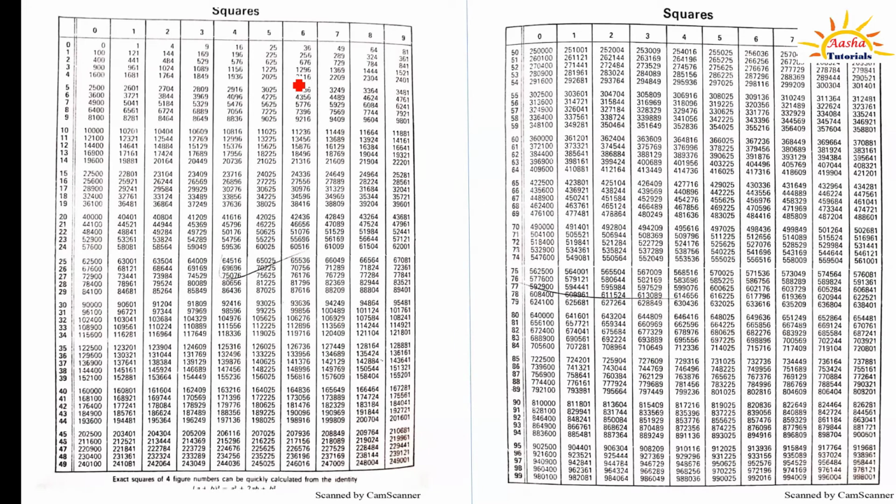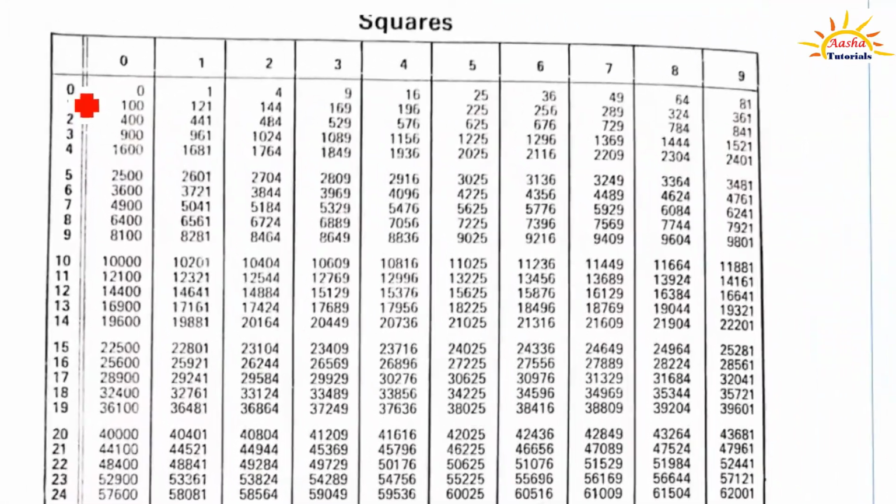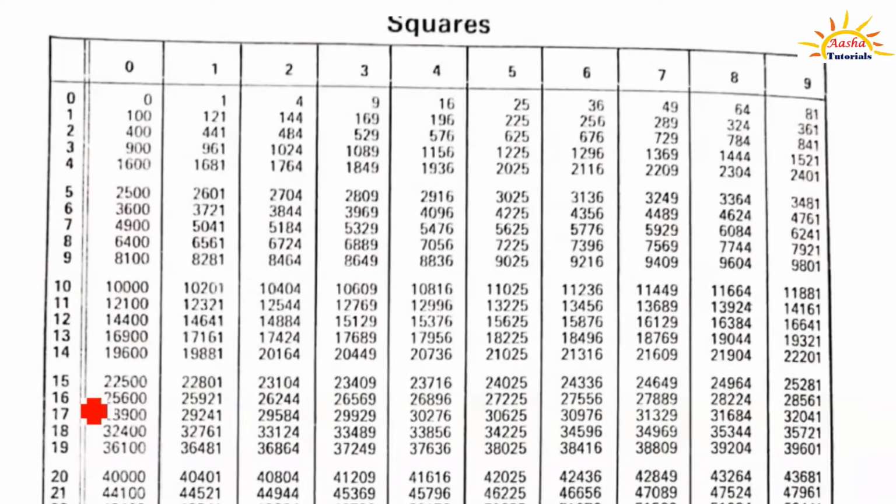Then we have squares. We know the square of certain numbers, but if the number is very big, then how to find the square of those numbers, we can find it with the help of this table. You find here, we have a 0 first. In the first column, numbers are given from 0 to 99, and next to that we again have 10 columns.